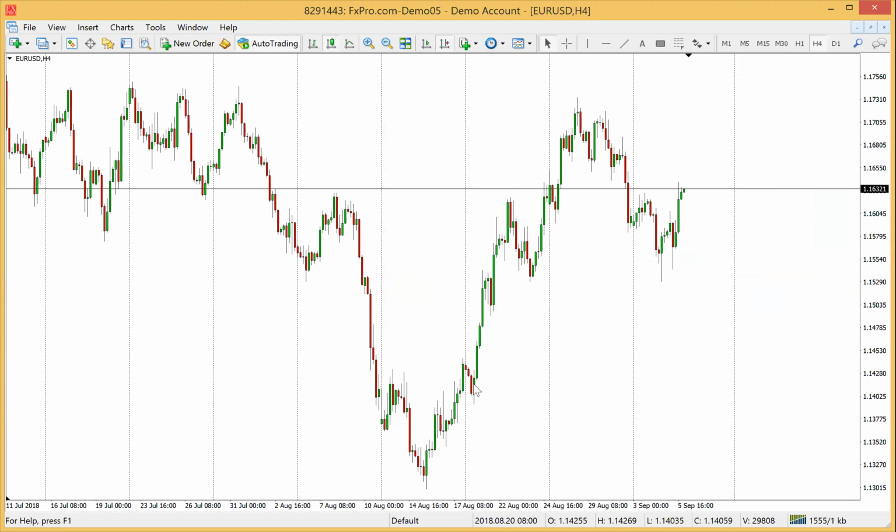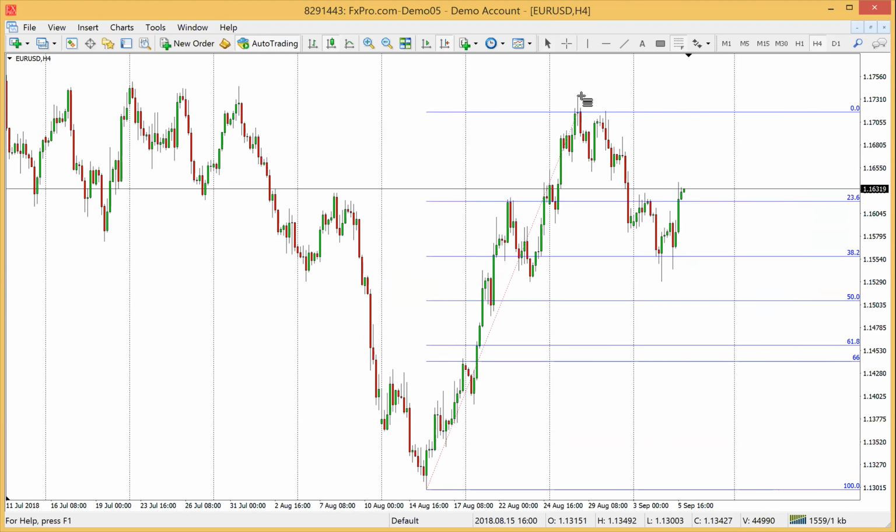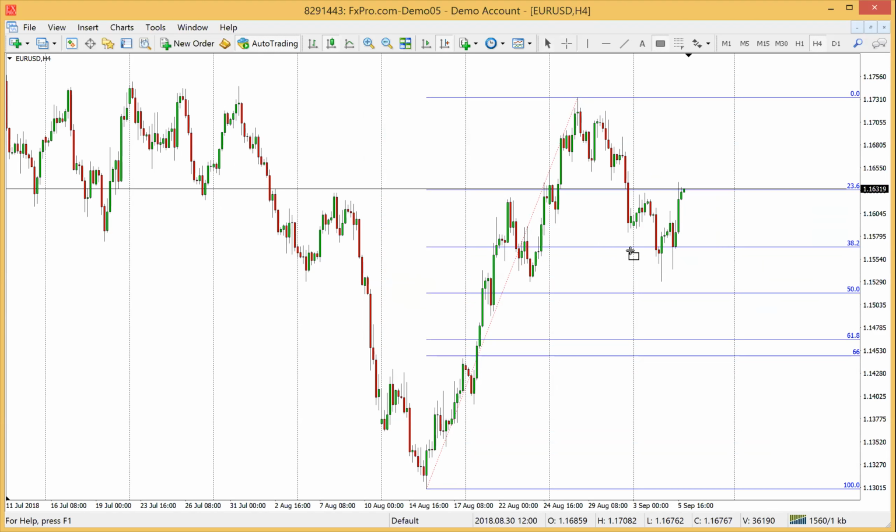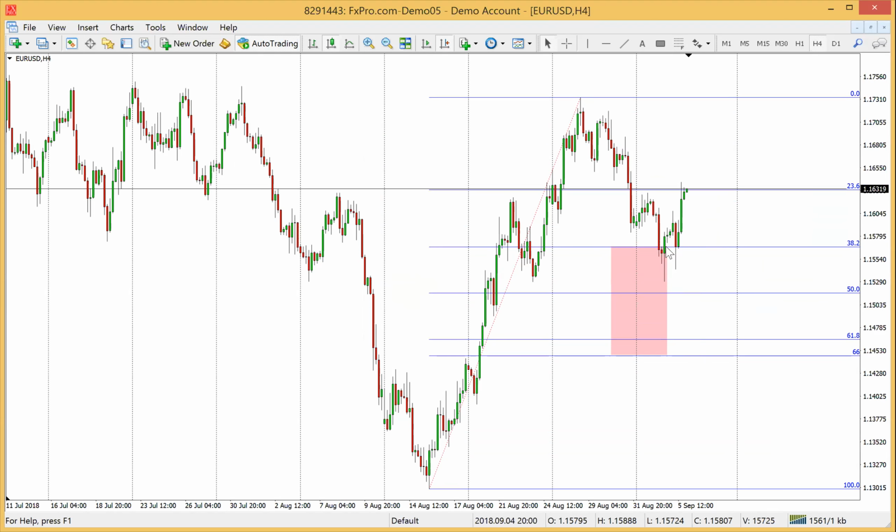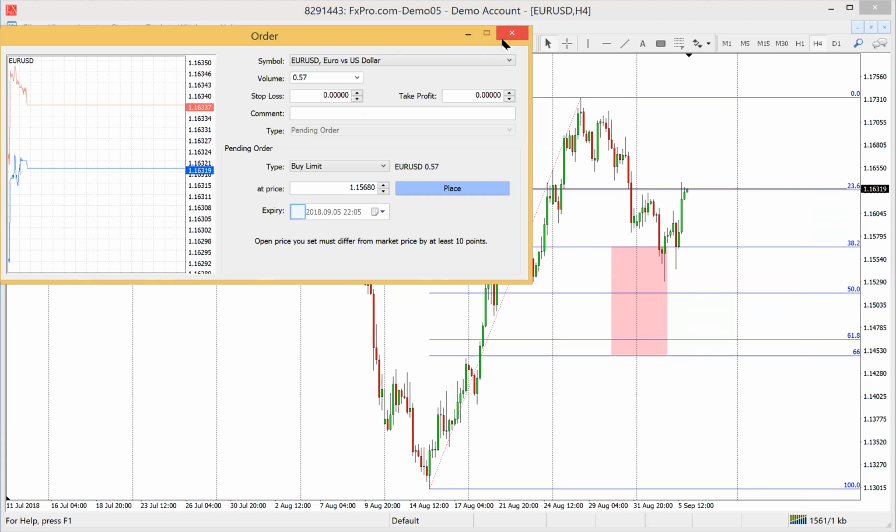For example, in the first example we used, when I drew Fibonacci on the Euro USD 4-hour time frame, I'll just quickly draw it now so you can remember. From low to high, I marked out this area here.